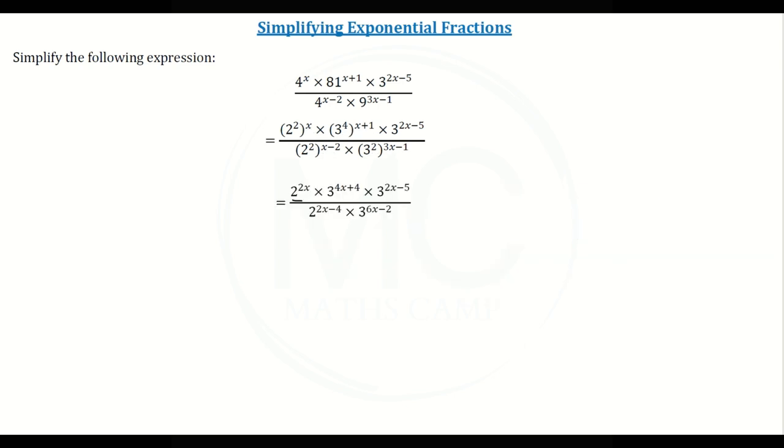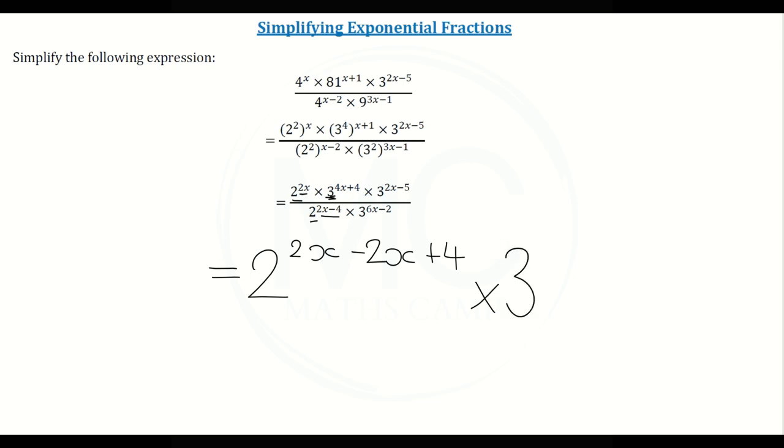Now I have bases of 2 and bases of 3. So let's start with our base 2. So I'm going to say 2. I have an exponent of 2x, so I can say 2x divided by 2 with an exponent of 2x minus 4. So we're going to subtract 2x minus 4. So we say minus 2x minus negative 4 becomes plus 4. Multiply by base 3. Let's put in our 3 over here.